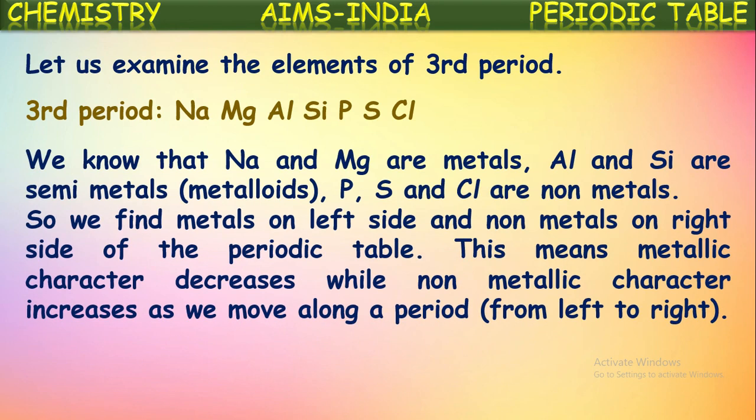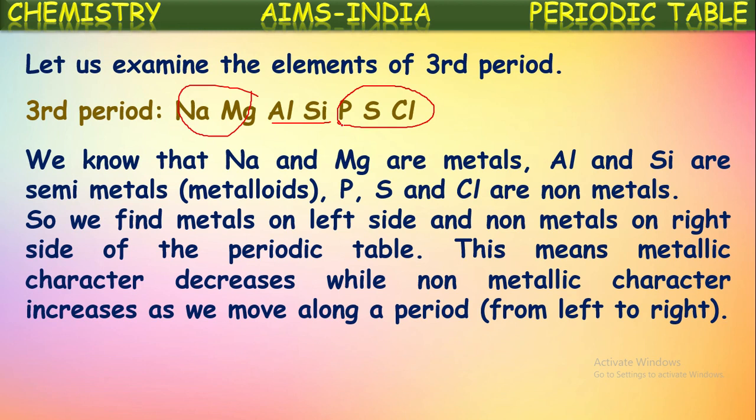Now, we know that sodium and magnesium are metals, isn't it? So, in this third period, these two are metals. Even aluminum will come under metal, but it shows some non-metallic properties also. So, that's why it is considered here semi-metallic. And we know these three, phosphorus, sulfur, chlorine, are non-metals. So, we find metals on the left side and non-metals on the right side of the periodic table.